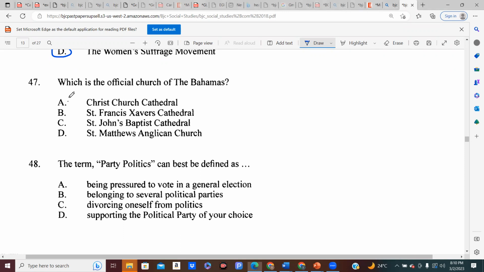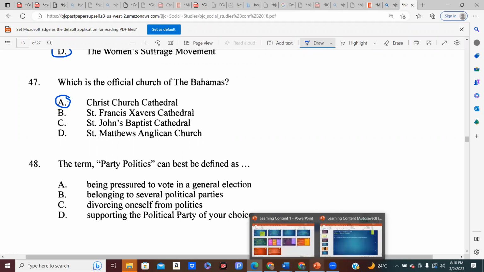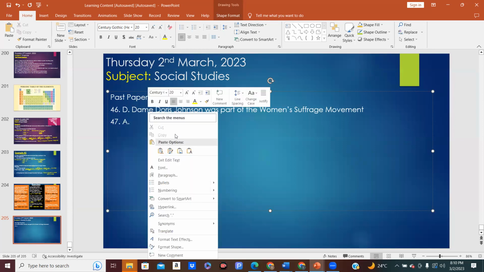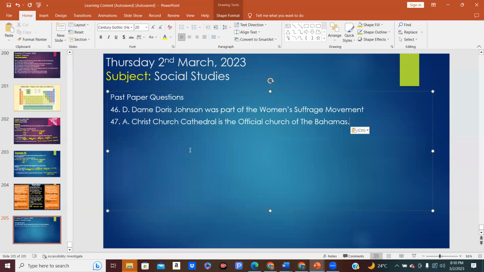The correct answer is definitely A. Daniel, it is Christ Church Cathedral. Yes, sir. The official church of the Bahamas is Christ Church Cathedral. So the correct answer is A. Write it down for me, please.